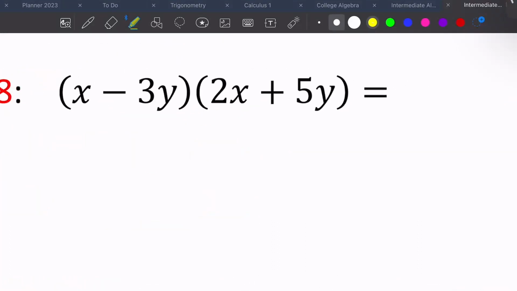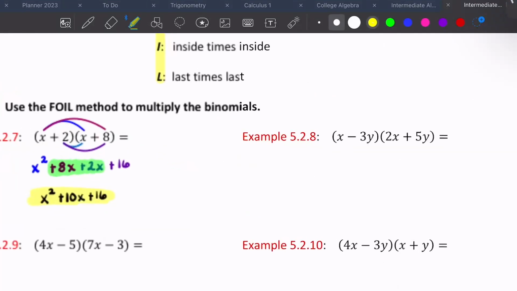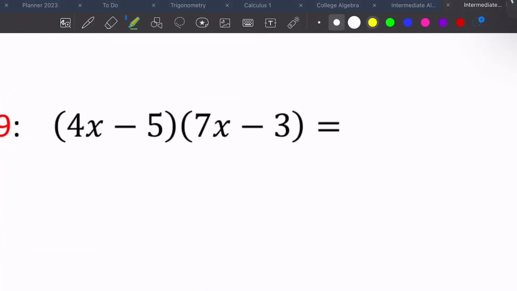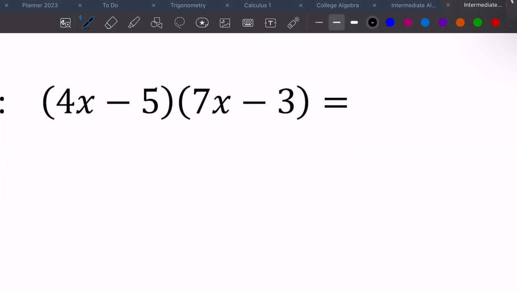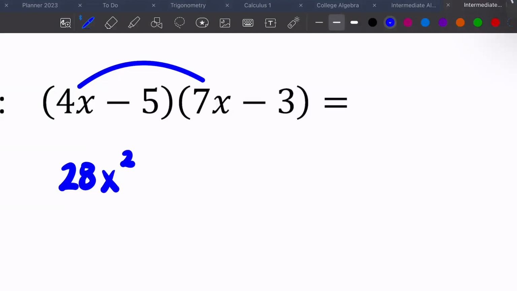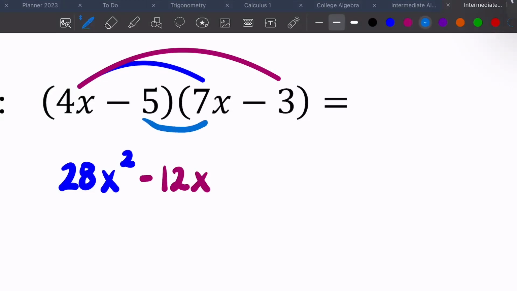This guy, the only difference between this one and we're going to do this one first. Just kidding. First, that's 28, right? 4 times 7 is 28, x squared. The two outer pieces is negative 12x. Inner pieces minus 35x.